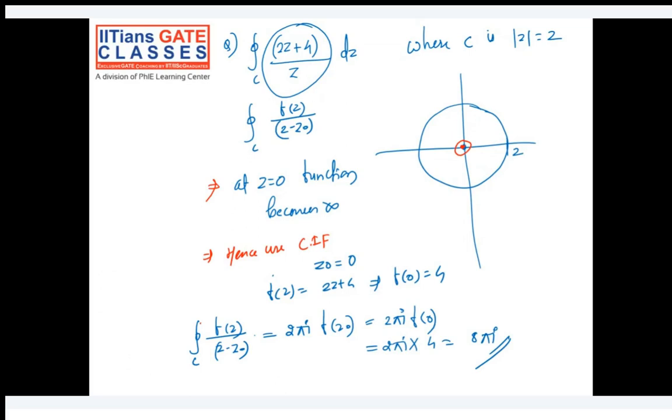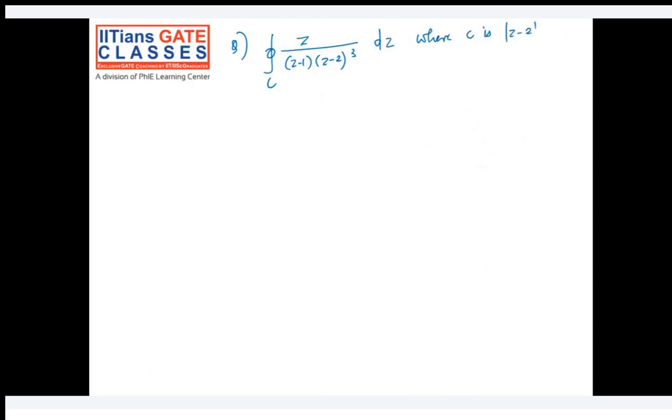Let me give one homework question. You try it later. Or let's solve this question here itself. It's a little tricky. Integration over a closed curve C of dz divided by z minus 1 times z minus 2 whole cube, where mod of z minus 2 is equal to 1 by 2.